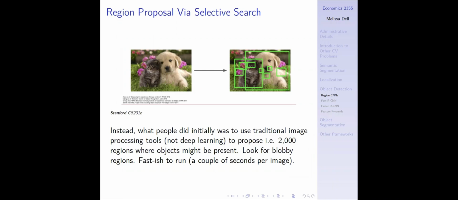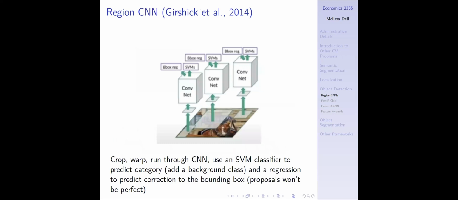We'll see this is not what you would do today. It's fast to run, taking a couple of seconds per image, and 2,000 potential objects is a lot better than having millions of them. So you take all these different proposals for where objects might be.